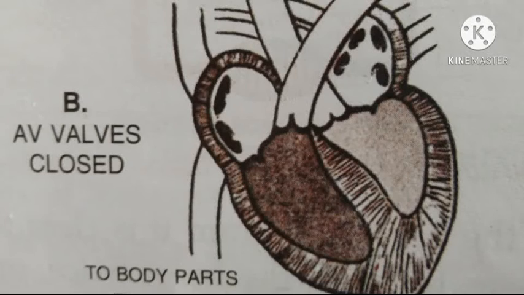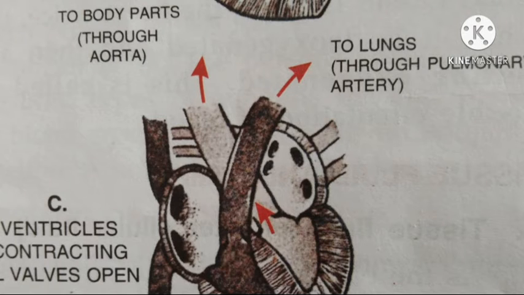So the atrioventricular valves close with a sound when the ventricles are full, at the end of the auricular contraction. At the same time, semilunar valves are open. So dear students, the right ventricle begins to contract.